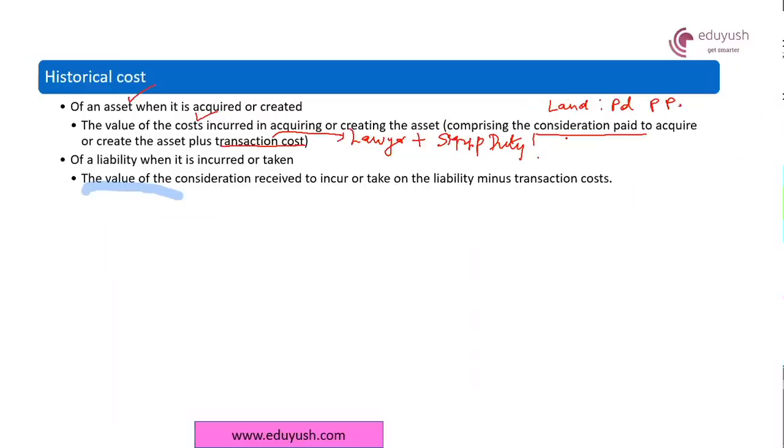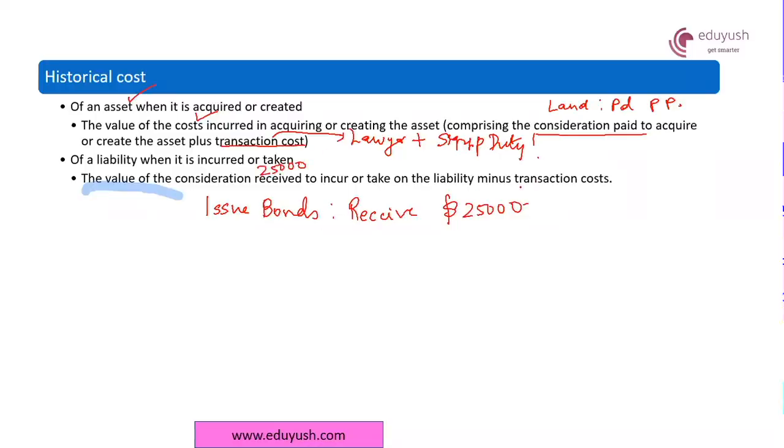Simple. Whereas on the other hand, if you incur a liability, suppose you issue bonds and you receive $25,000, the value of the consideration received is $25,000.